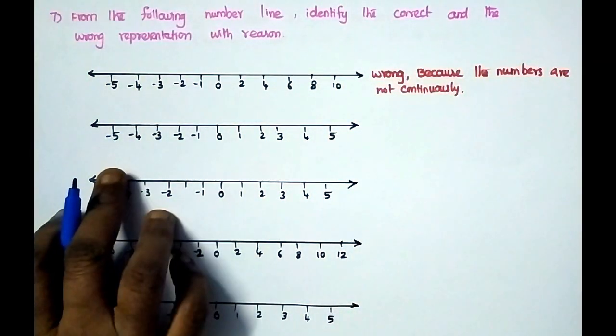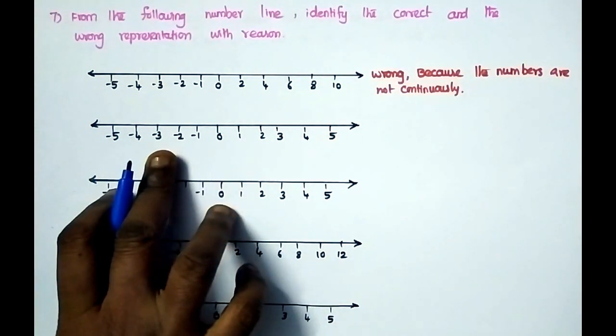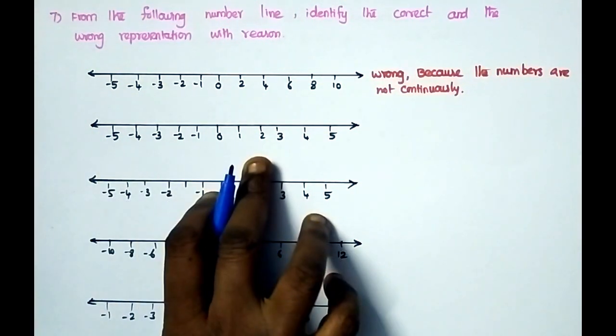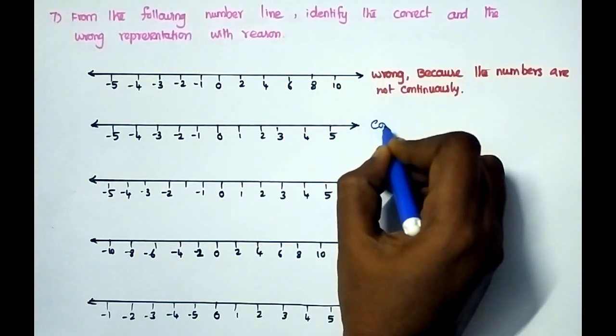That is the answer. Next one 0, here negative numbers minus 1, minus 2, minus 3, minus 4, minus 5. Here 1, 2, 3, 4, 5. So that is correct.